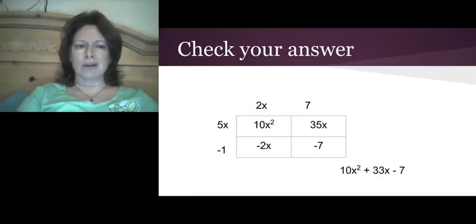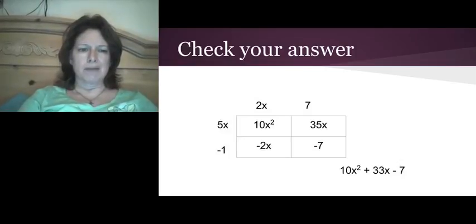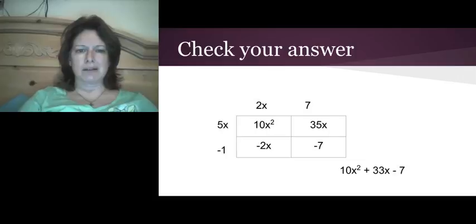Now let's check your answer. 5x and negative 1 are along the side, and the 2x and the 7 above. We multiply the 5x times the 2x to get the 10x squared. We multiply the 5x times the 7 to get the 35x. We multiply the negative 1 times the 2x to get negative 2x.